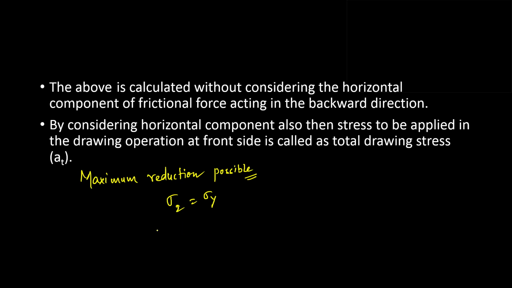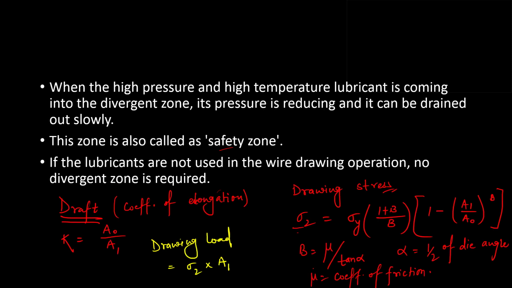As you can see, look at this expression. This is 1 by (b plus 1). That means if b increases, sigma 2 is going to decrease.